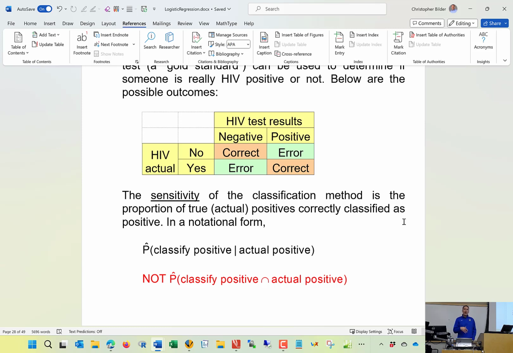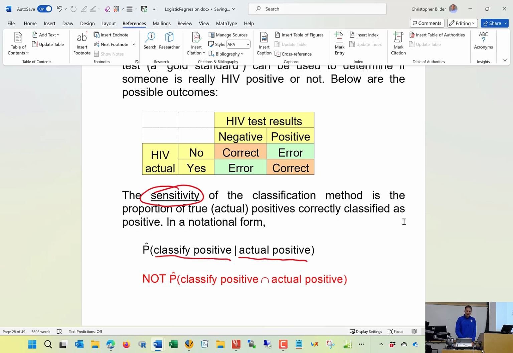And so what's often done when trying out medical tests like this, and this is done in other applications outside of medicine, but it's easiest to talk about with respect to medical tests, is that people will look at what's called the sensitivity of the test. And all that is, is a conditional probability. Given someone is actually positive, what's the probability that I predict or classify the person as positive?